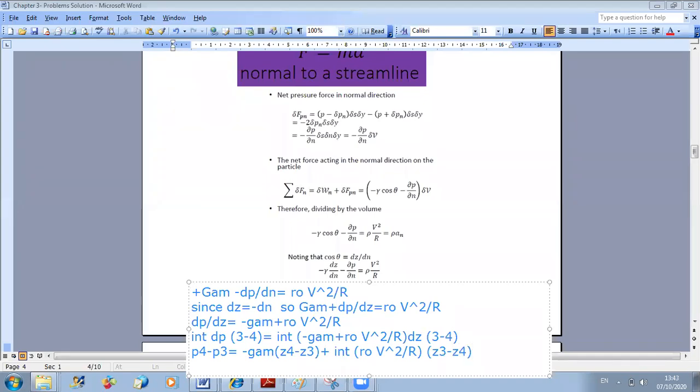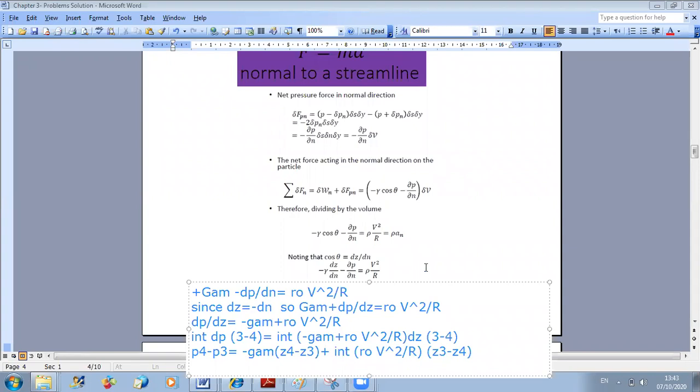Since rho v square over r is positive, the integral of a positive function for increasing z is positive, because if I integrate a positive function in the positive z direction, I obtain a positive number.